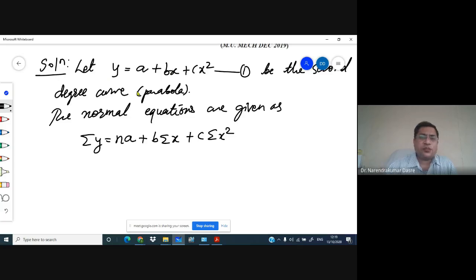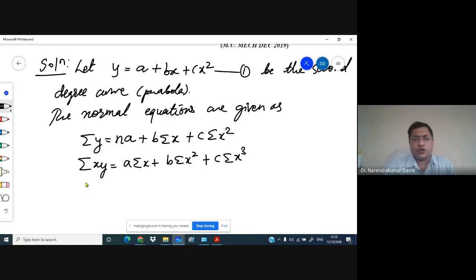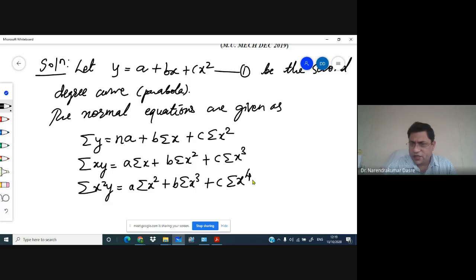Now multiply this equation by x. So we'll have summation xy, a times summation x, b times summation x square, c times summation x cube. Then multiply this equation by x square and take the sum. So summation x square y is equal to a times summation x square, b times summation x cube, and c times summation x raised to 4. This is equation 2.